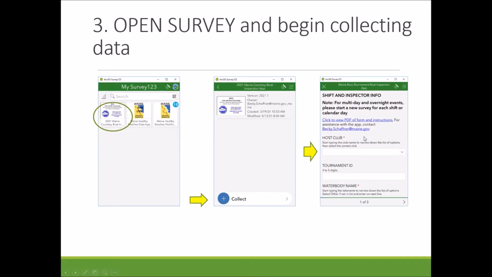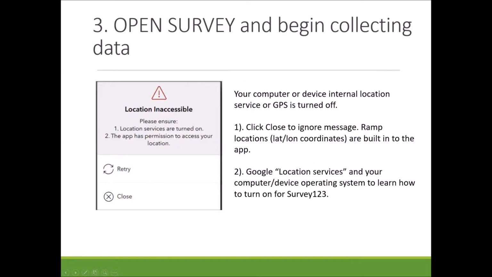All right. So here's something that some of you might have seen when you went to collect data. What this means is location inaccessible warning. That just means that the internal location service or GPS inside your computer or your device is turned off. And that's fine. You can just click close to ignore the message, because we don't need that GPS to get the ramp locations.